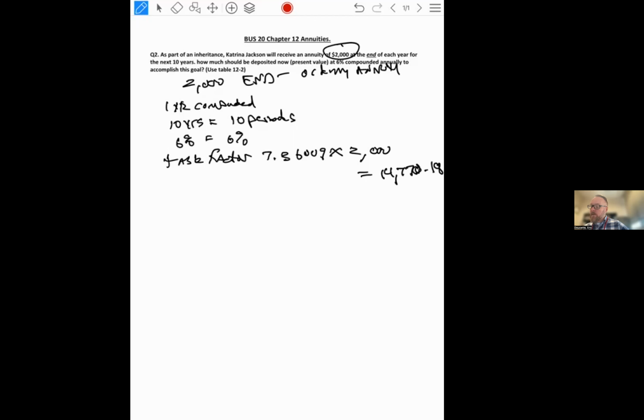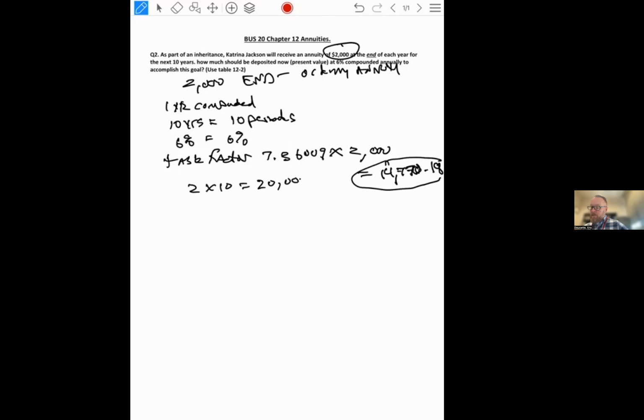Now, again, if you take the 2,000 times 10 is 20,000, right? That's how much she will put in over the next 10 years, because at the end of every year she's going to put in 2,000. But she really only needs to put in 14,770.